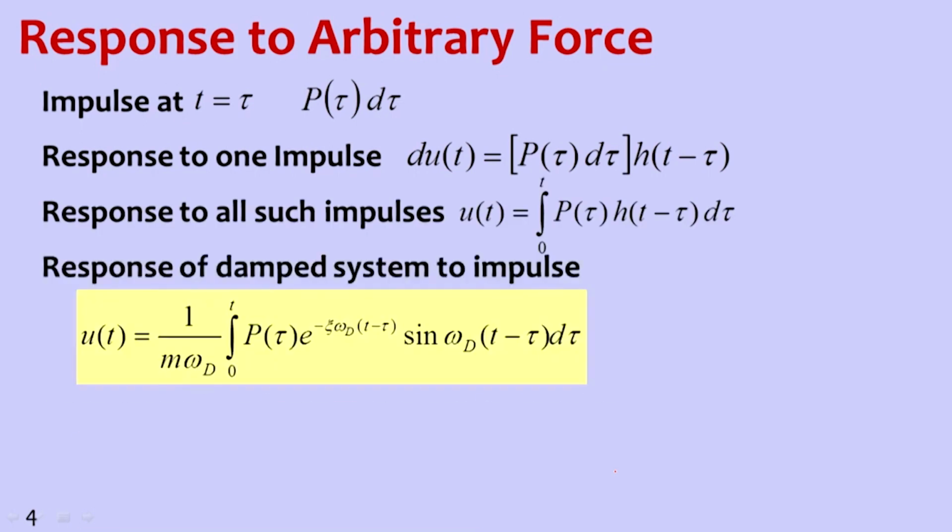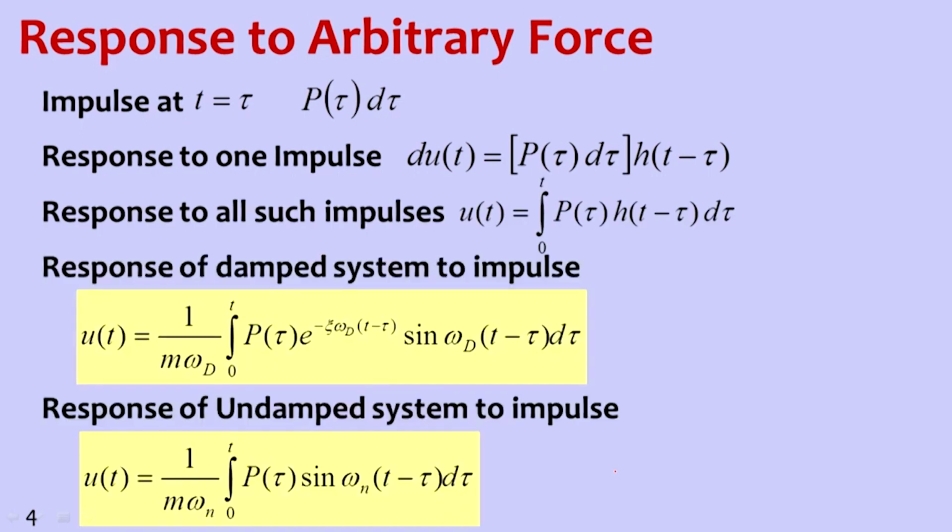The procedure is that we first find the impulse at every point and then the response due to each impulse. Before that, we find the response due to a unit impulse. h(t minus tau) is the response due to unit impulse, and we multiply that with the impulse value at any point, which gives the response to one impulse.